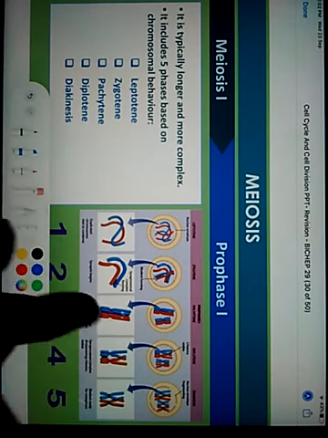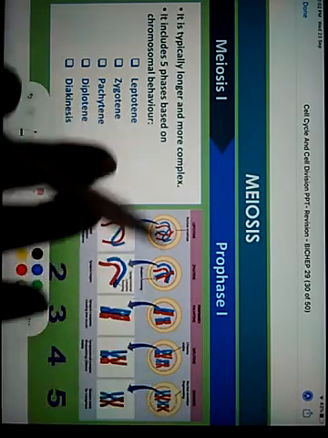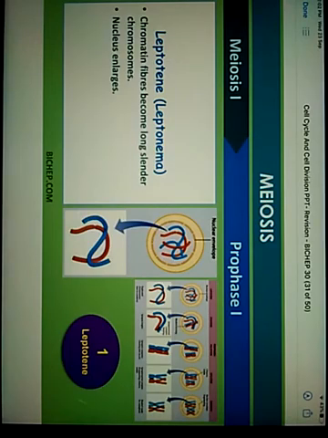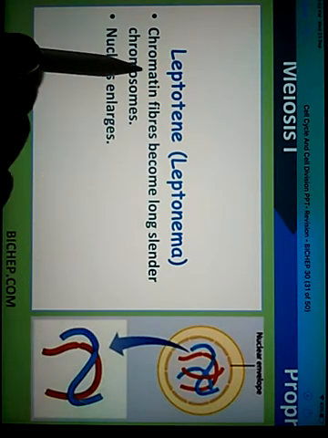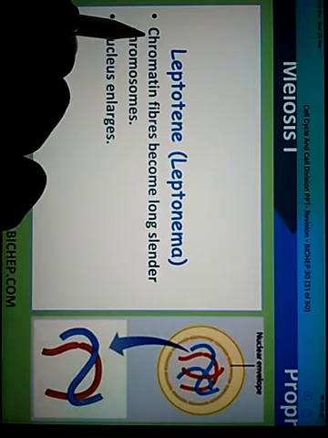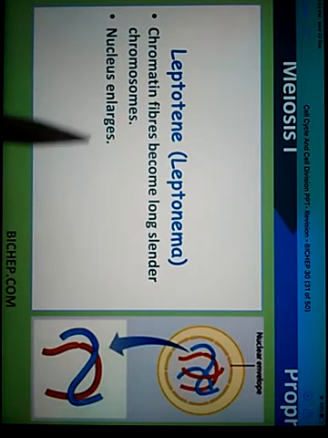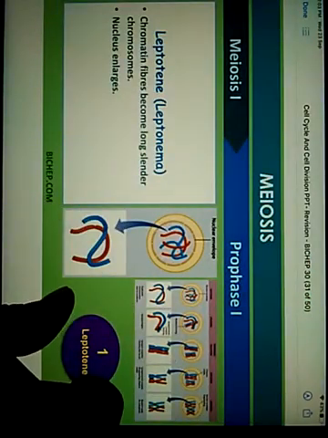So if I talk about the Leptotene phase, during the Leptotene phase, the only thing happening is that chromatin fiber becomes longer and slender chromosomes. That is the only thing which is happening there.